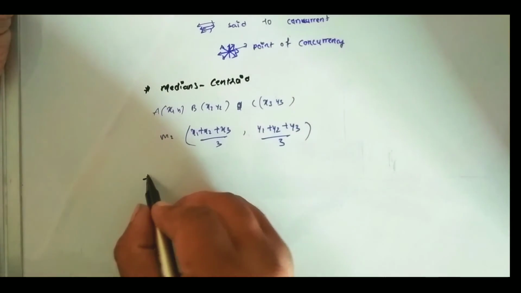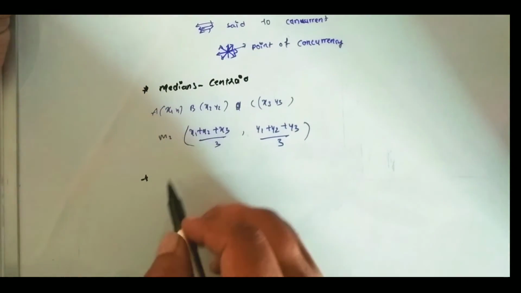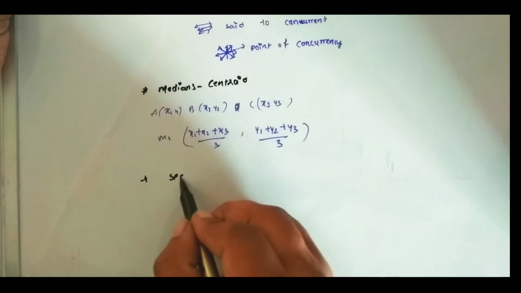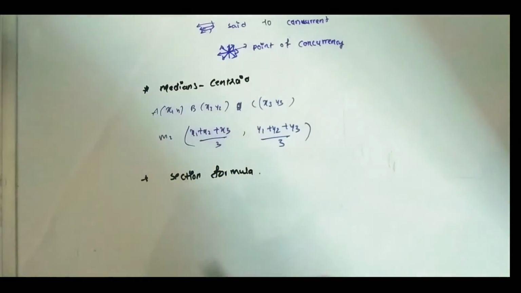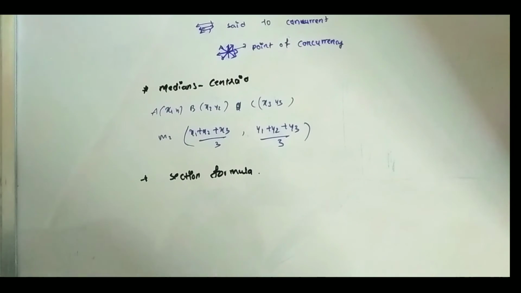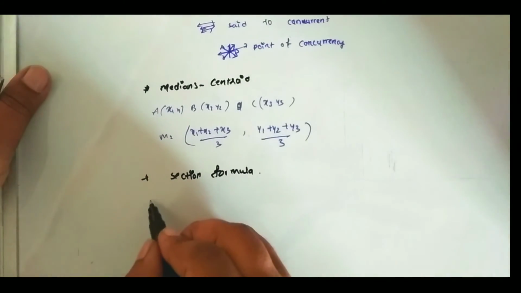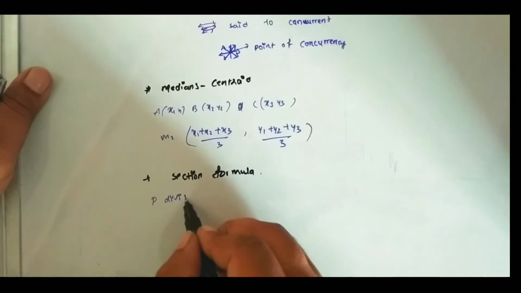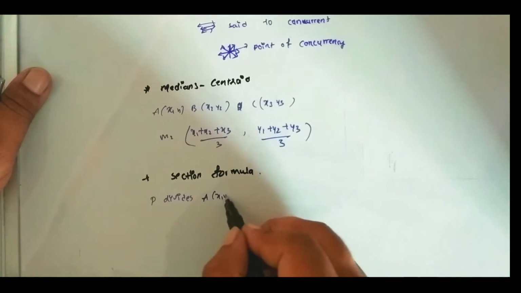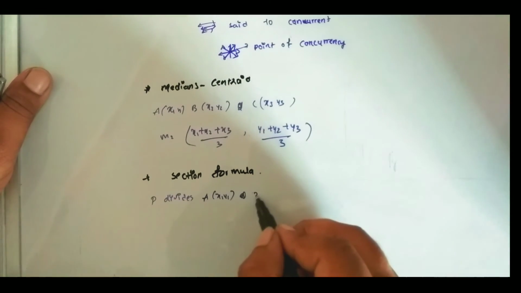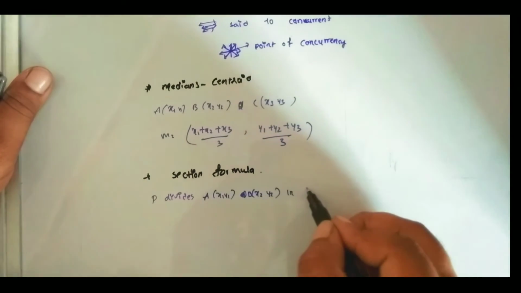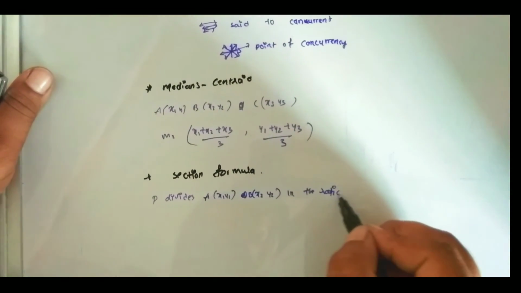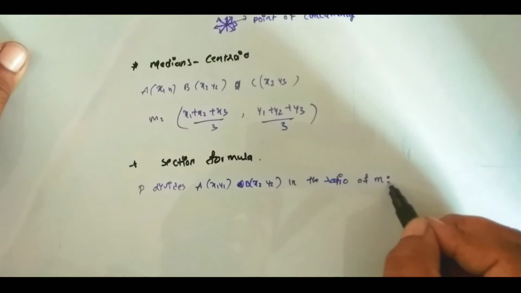And the last one, the most important point: section formula. Here we take 2 points. Suppose P divides A point x1 y1 and B point x2 y2 in the ratio of m is to n.